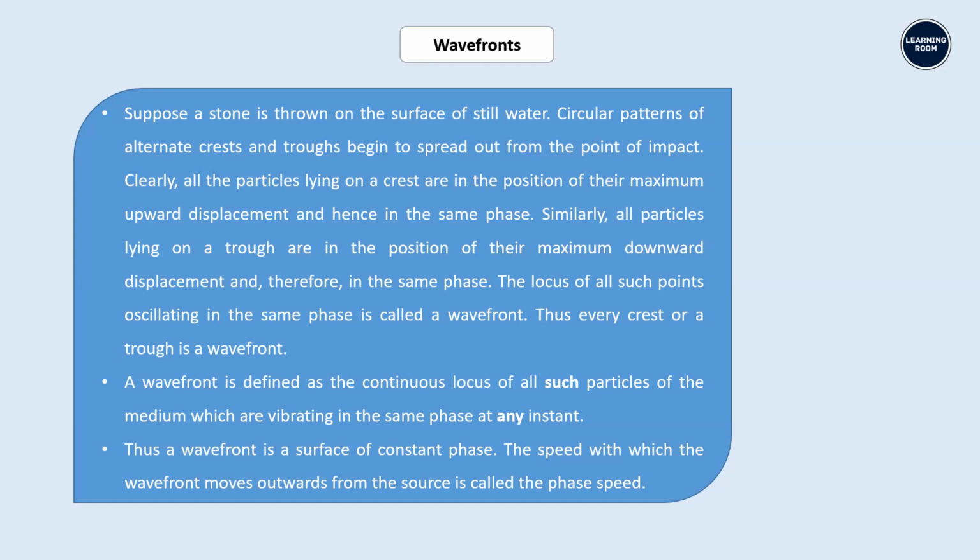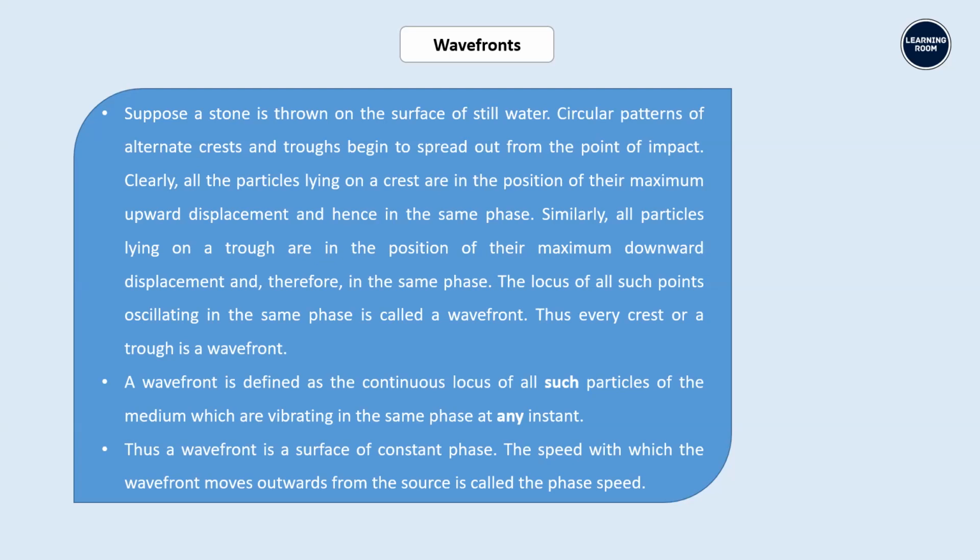Suppose this is the water surface, and let's say my knuckle is the point where the stone hits. As soon as it hits, what will happen to the water particle present in this region? Can I say that the water particle will first go down? Is it not disturbed from its equilibrium position?